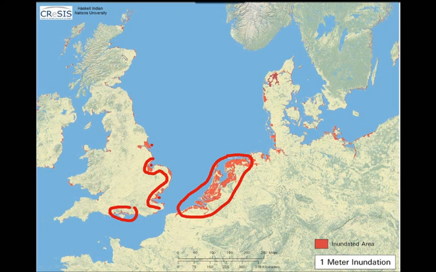So these little red blobs don't look terribly much in relation to the land, but of course they contain a lot of industry, a lot of cities, important farmland, and so on. So there are impacts in relation to that predicted sea level rise.